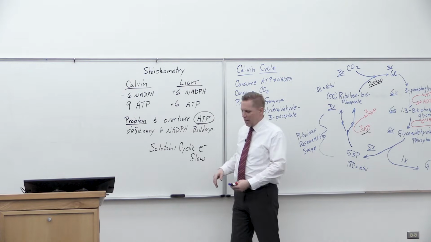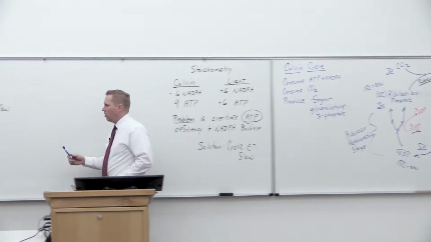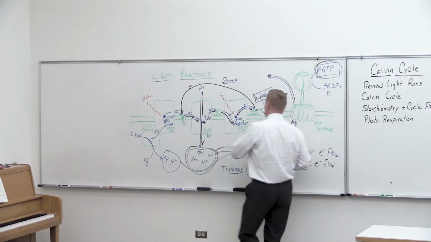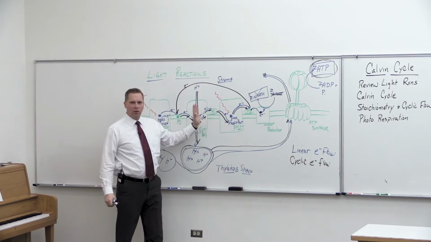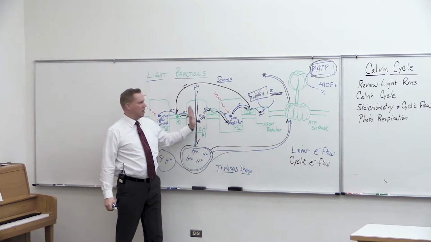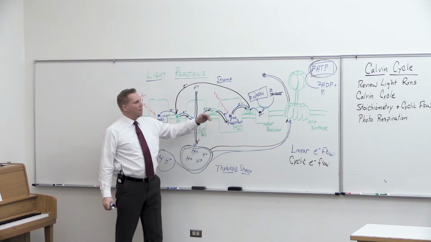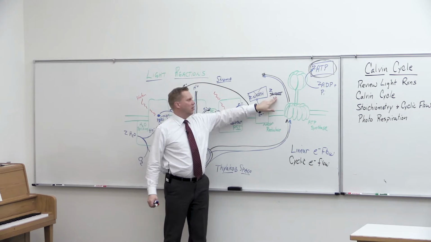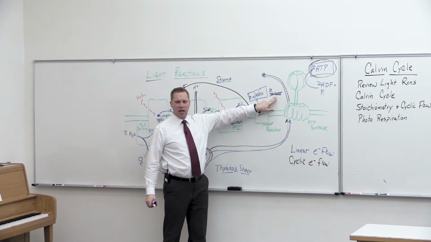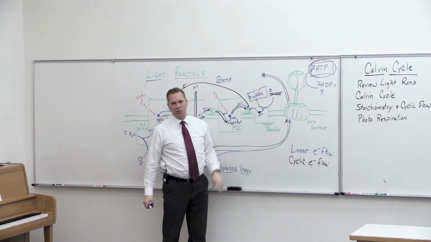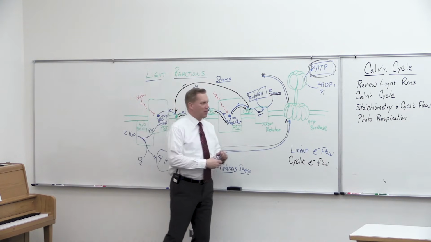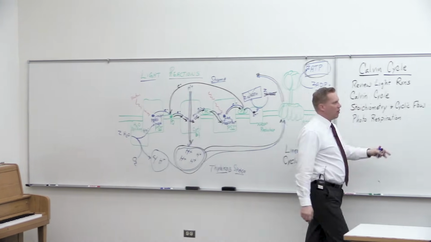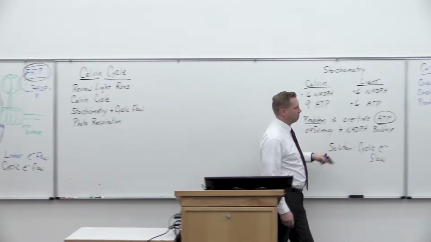And so the light reactions, if we come back over to the light reactions, will fluctuate between cyclic electron flow and non-cyclic electron flow based upon the availability of the NADPH as it passes through the Calvin cycle. And so that's how we're going to use cyclic electron flow to overcome our stoichiometry problem.